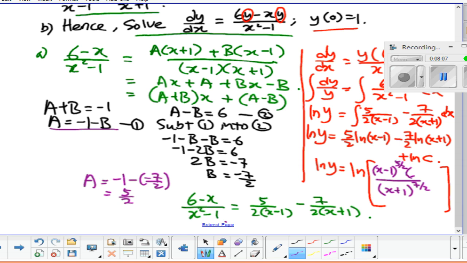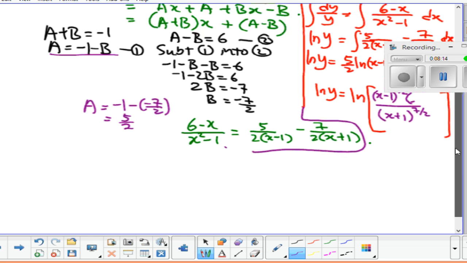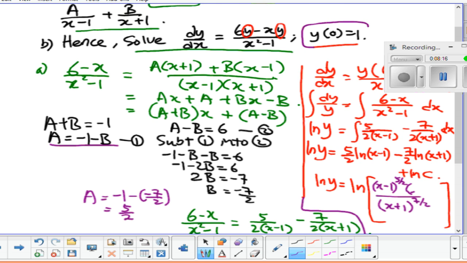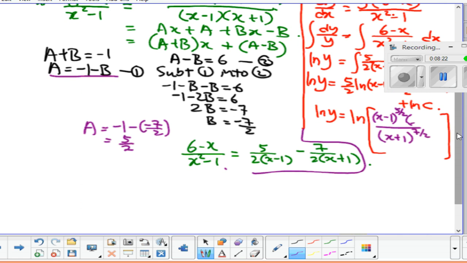Right, so let me extend the page a little bit. The boundary condition is this: y of 0 is equal to 1. That means the natural log will go away. So y is equal to (x minus 1) to the power 5 over 2 times c over (x plus 1) to the power 7 over 2. And I want this to be 1 when x equals 0.